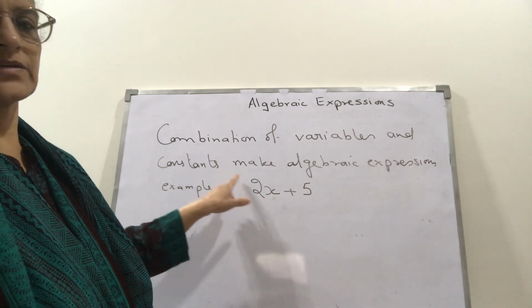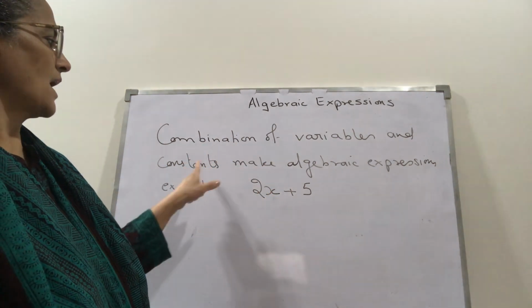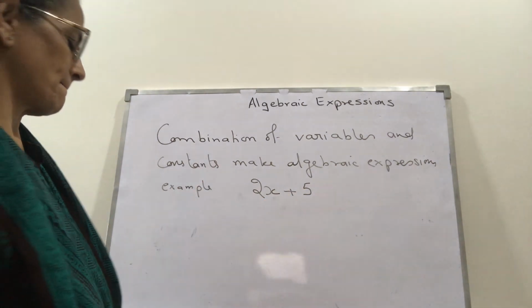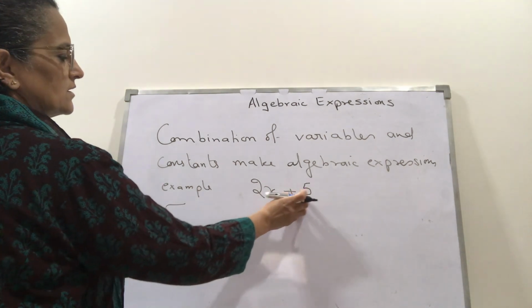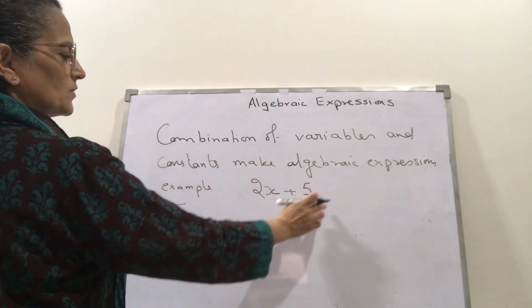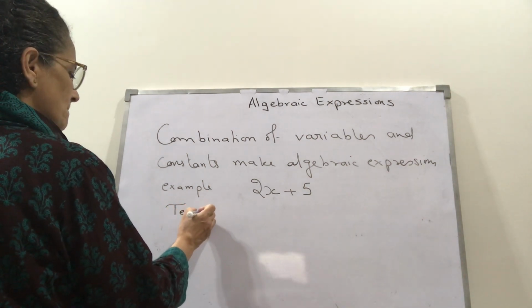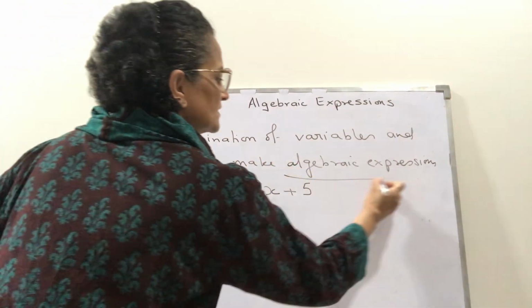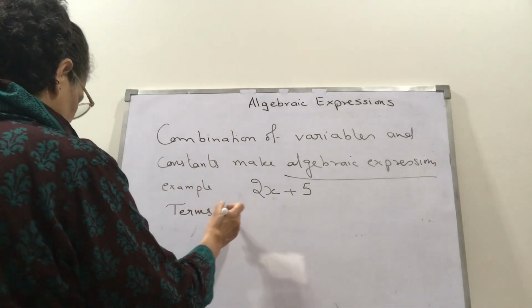So algebraic expressions are combinations of variables and constants. Now terms, these terms are added to form the expression. So let's talk about terms now. Here we talked about algebraic expressions and now we talk about terms.